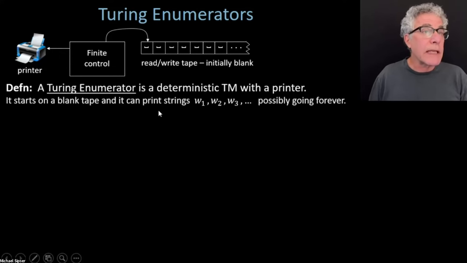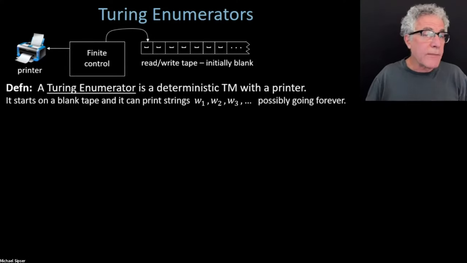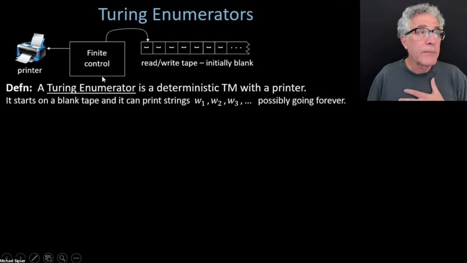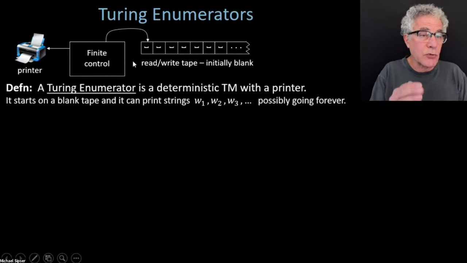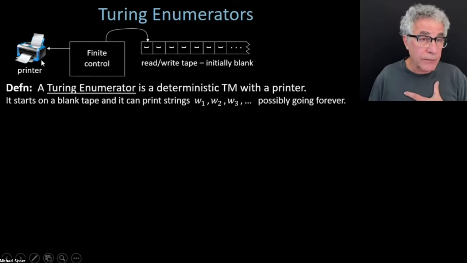You start it off on a blank tape, and it runs and runs and runs, and periodically it can print a string under some sort of program control, which I'm not going to spell out for you. But you can imagine you might define the machine in such a way that when it goes into a certain print state, then whatever string is in a certain region of the tape, maybe from the start point up to the head location, gets printed out on the printer.